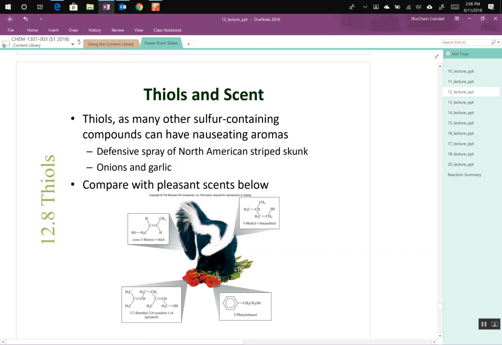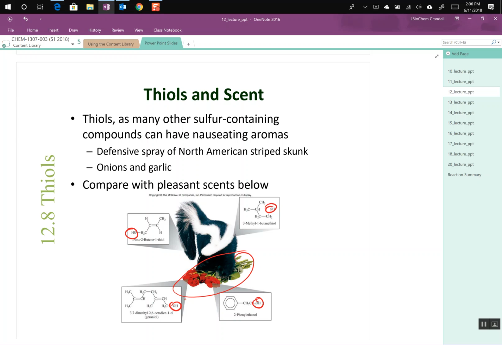So here you can see the scent of a skunk, okay, has these thiol groups on it that give it its noxious aroma that is not very pleasant. Okay, versus these plants down here, these flowers, which have the OH groups attached, which make it much more of a pleasant smell.